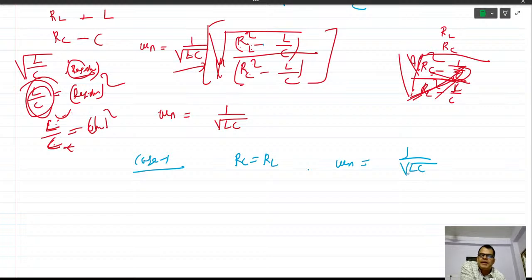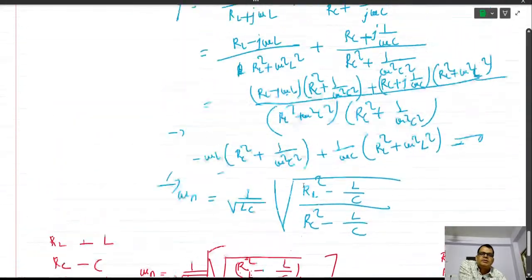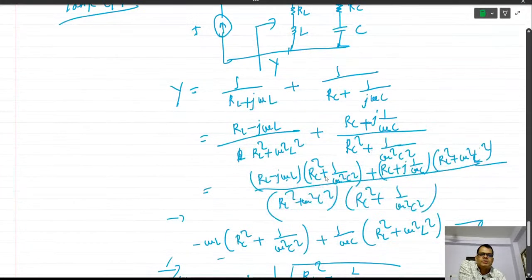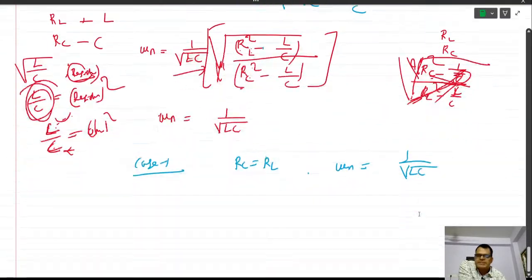What will be the impedance at resonance? How to find the impedance at resonance? Just put the omega n you got. This term is 0, all the imaginary terms will be 0, and in place of omega square you put the 1 upon LC.